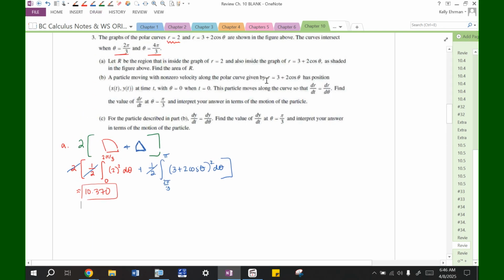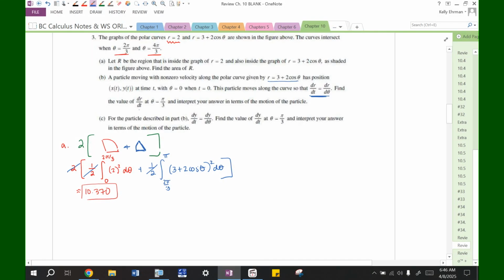For part B, a particle moving with non-zero velocity along the polar curve given by r equals 3 plus 2 cosine theta has this position, x of t, y of t, at time t, with theta equals 0 and t equals 0. This particle moves along the curve so that dr dt equals dr d theta.